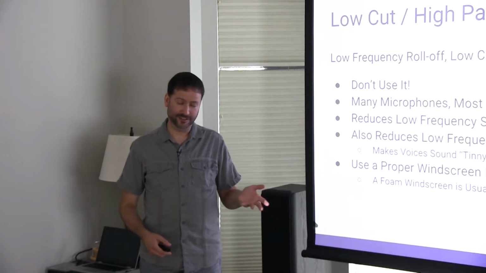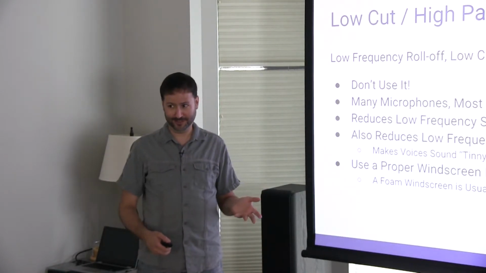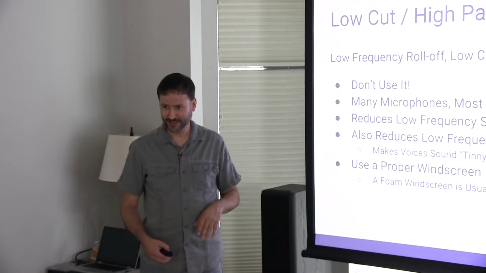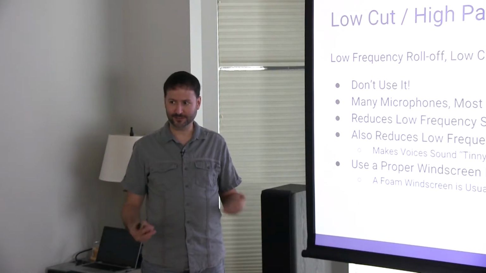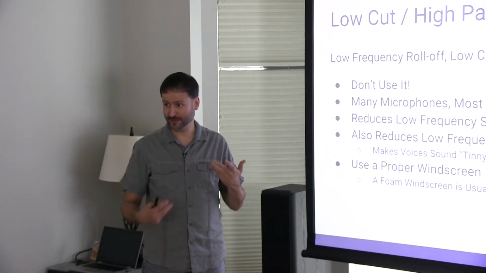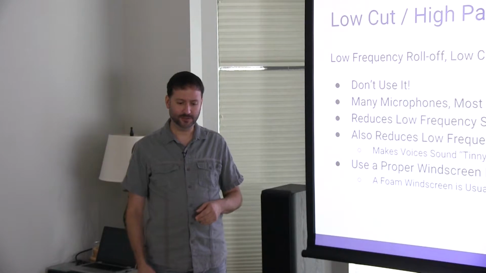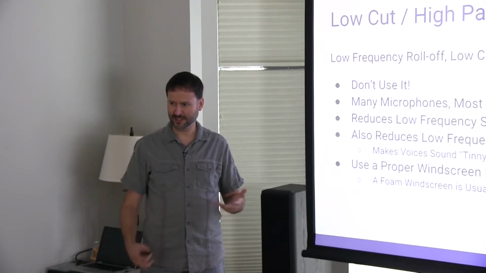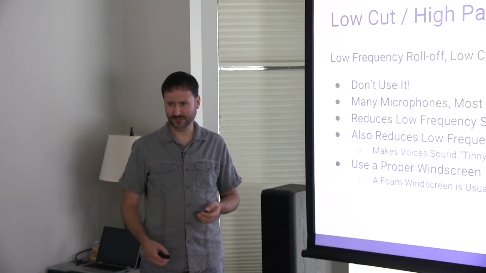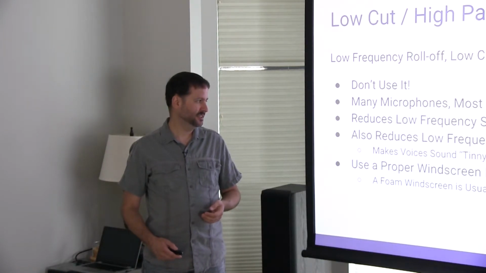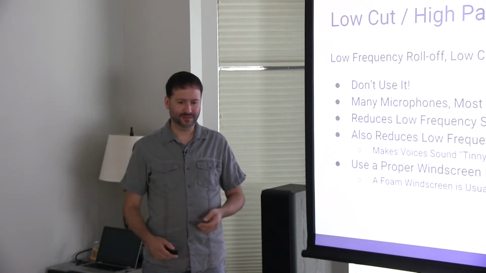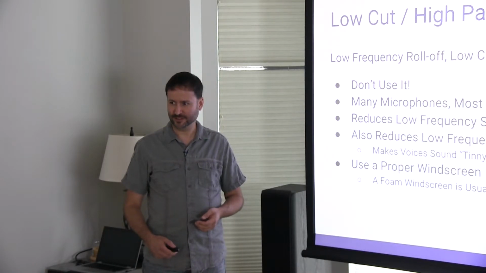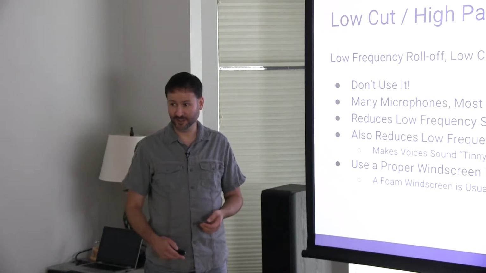It reduces or almost eliminates low frequency sounds. Problem is, there are low frequency sounds that you want, like my voice. You know, some people don't have a lot of low frequency components in their voice, but I do. So if you cut that out, it's going to make their voice sound tinny, and it really affects the voice. So it's kind of a last resort if you can't prevent wind rumble any other way.